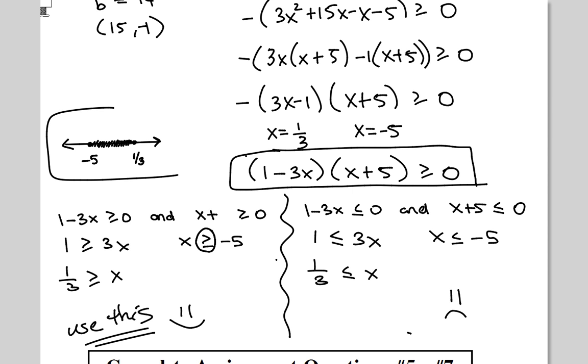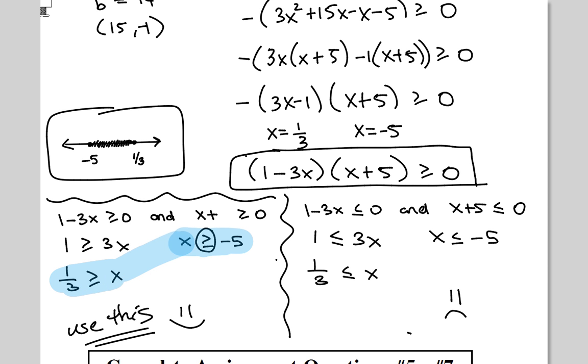This is the solution. Or even this. If you had these two things, and you said over here, no way, then you're good. The blue highlight or that number line with the work shown, that's what you're looking for here.